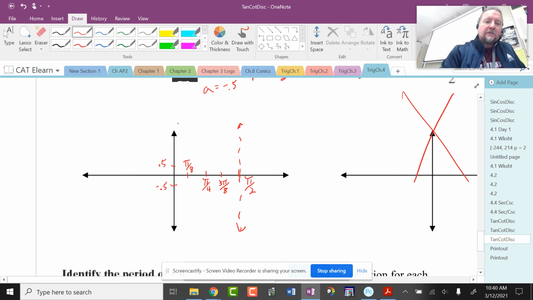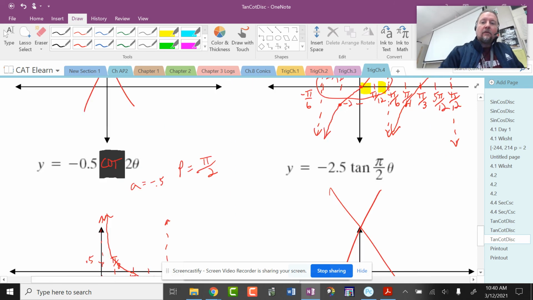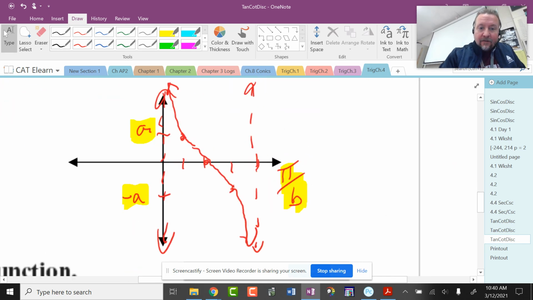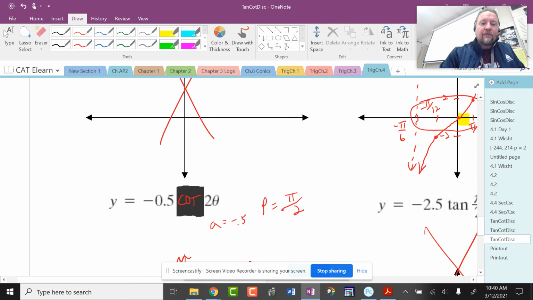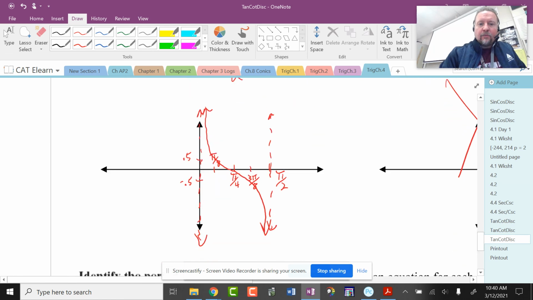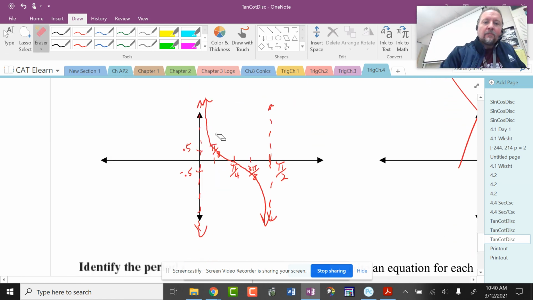Oh, I didn't draw the first asymptote. Now, cotan is supposed to be like this. Supposed to be decreasing. That is why I just said that, from the extrapolation that we did, which we actually did with sine and cosine.